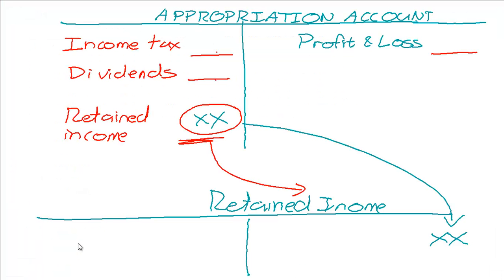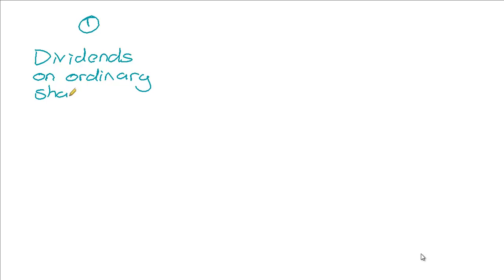So let's look at the two accounts that are affected here. Number one, I do have my dividends account because I have declared more dividends. Dividends on ordinary shares. This time we didn't pay any money from our bank account.